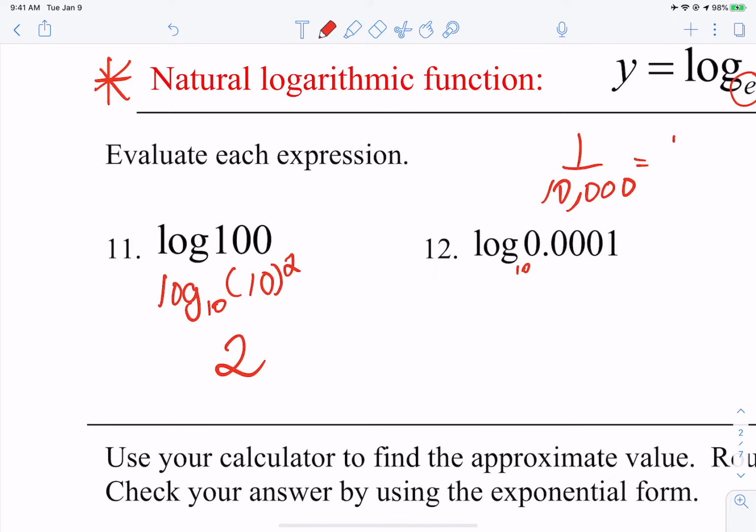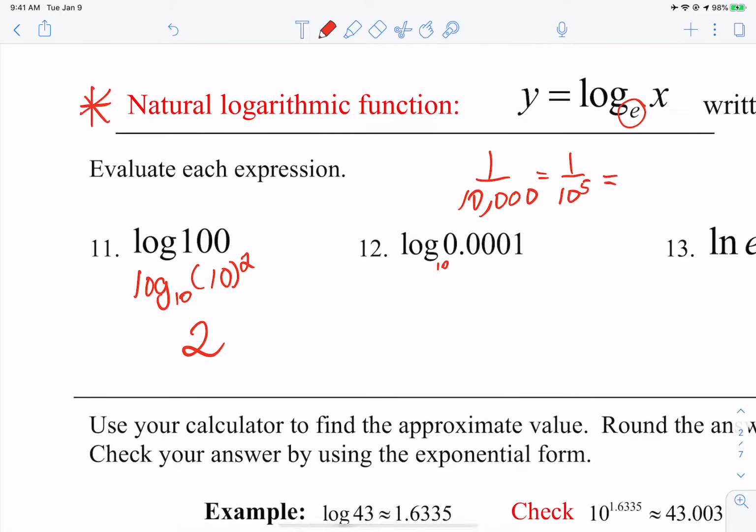So that is 1 over 10 to the 4th, which is 10 to the negative 4th. Sorry, I said 5th at first, but counting 1, 2, 3, 4, that would be 4th. So what power do we put on a 10 to get 0.0001?